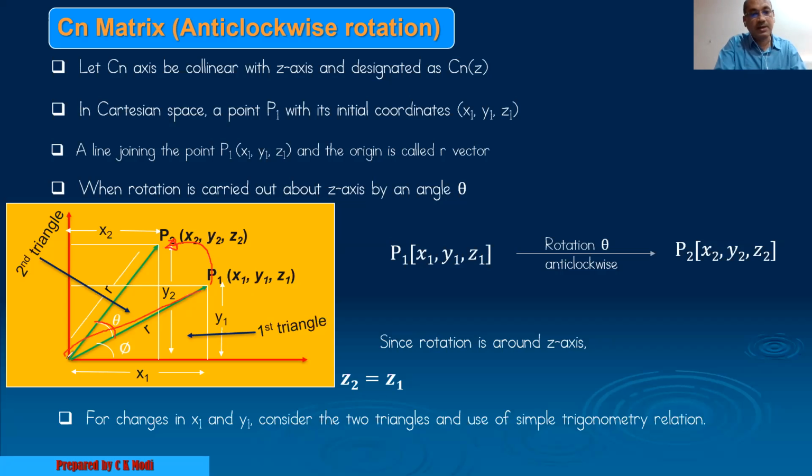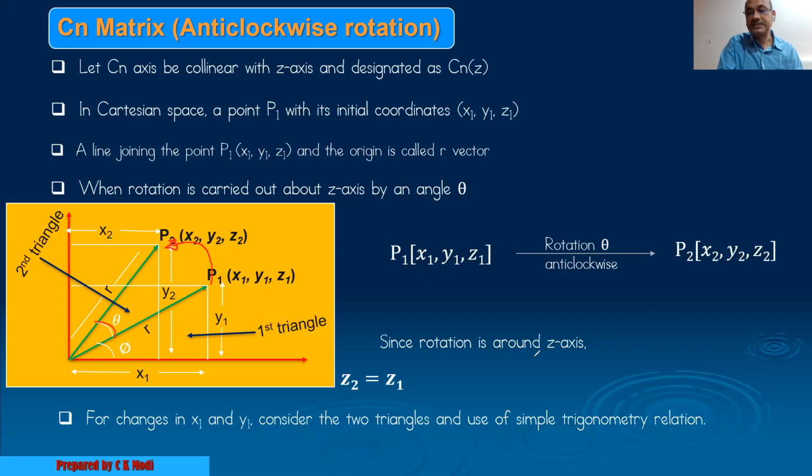A line joining the point P1 is called vector R. If I rotate about the z-axis in an anti-clockwise direction by an angle theta, we get the new point P2 with its final coordinates x2, y2 and z2.